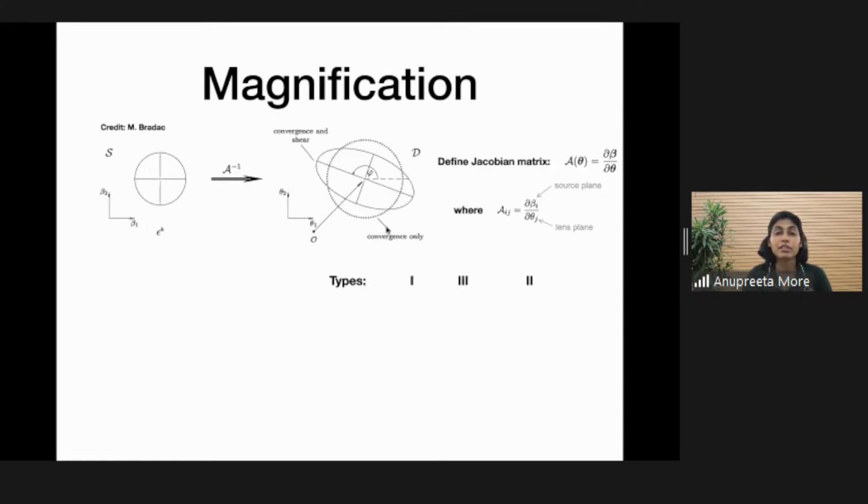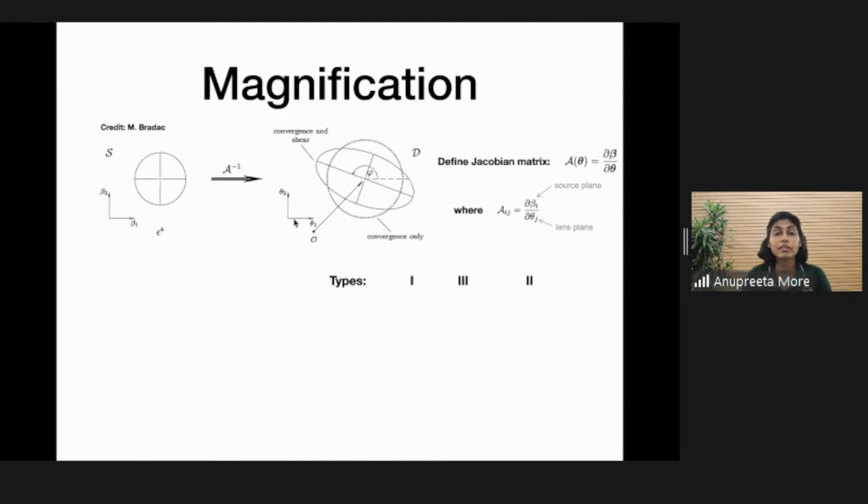So if there is isotropic scaling, then it will just look like a bigger circular source. But if there is presence of shear in the lensing galaxy, that causes anisotropic magnification. So you can see more magnification in one direction compared to the other.